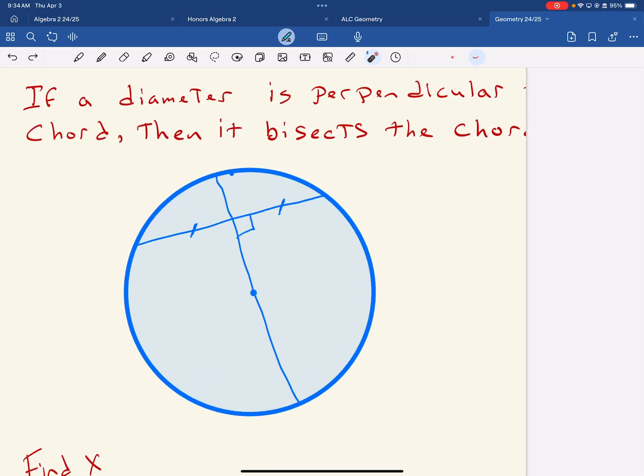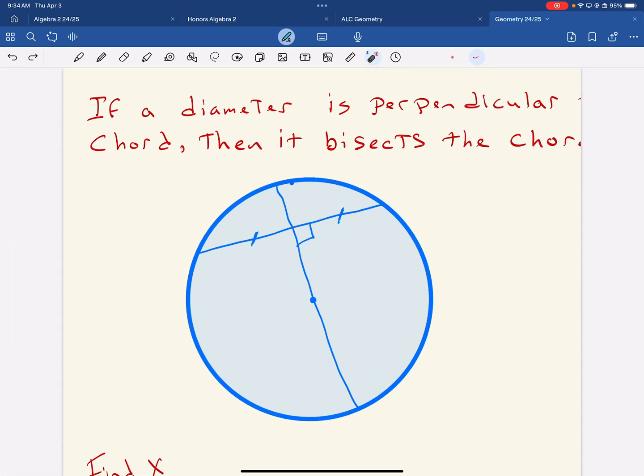The main one we're going to worry about, and the main theorem that we're going to worry about, is what if a diameter is perpendicular to a chord. So in this drawing, I have a diameter. We'll call the diameter AB.